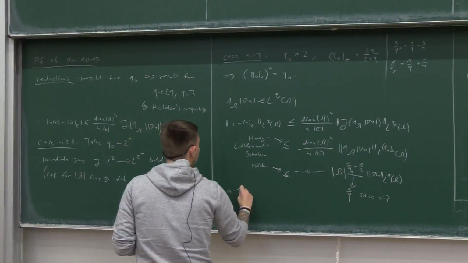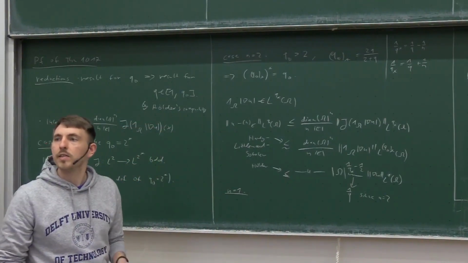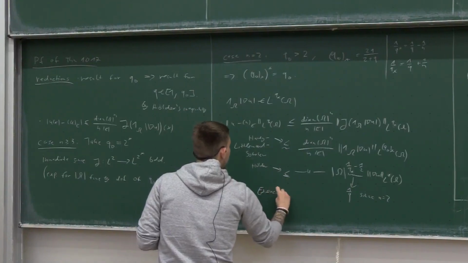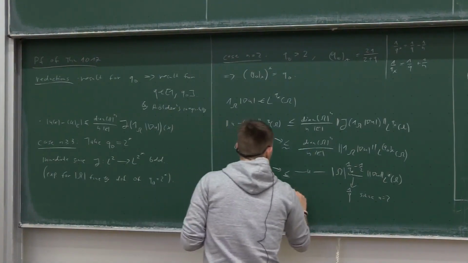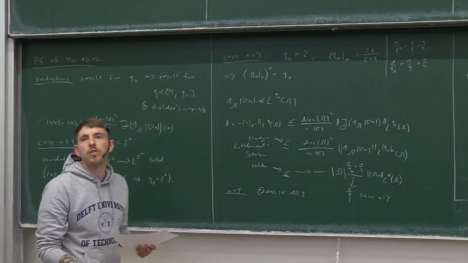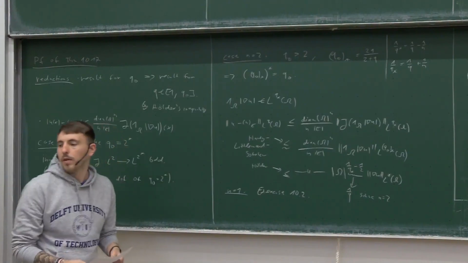And then finally n equals 1. This is again the easiest case for me because this is exercise 10.2. There you don't need any deep result, it's just using the fundamental theorem of calculus in a clever way.